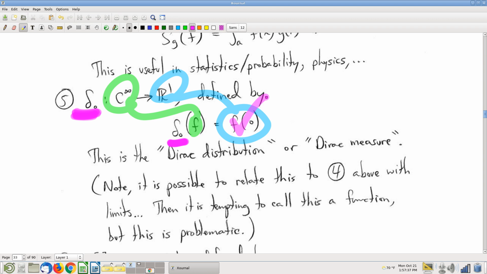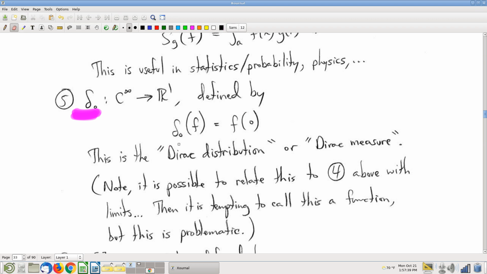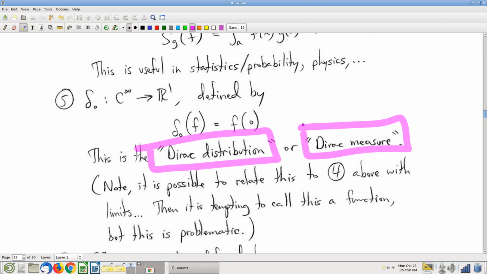Right, so we have a definition there of this function. A side note, depending on the context, sometimes this is called the Dirac distribution or the Dirac measure. Y'all will also hear this in some cases referred to as the Dirac delta function. There's a kind of a point of view there.